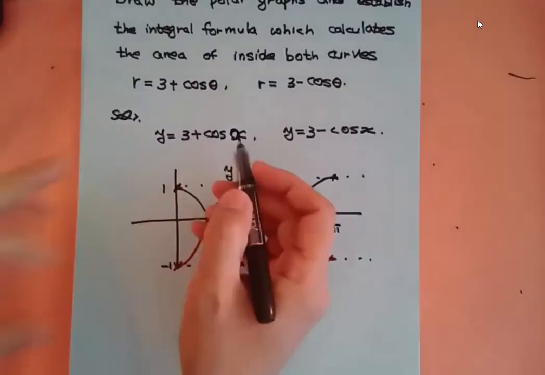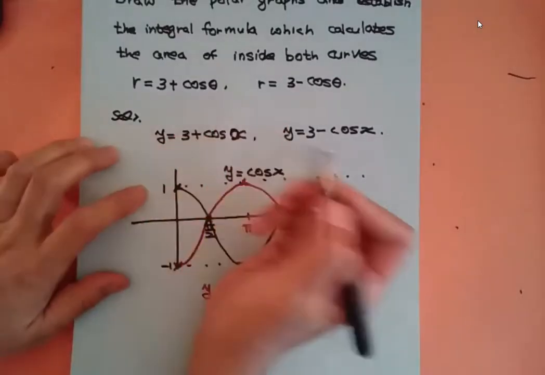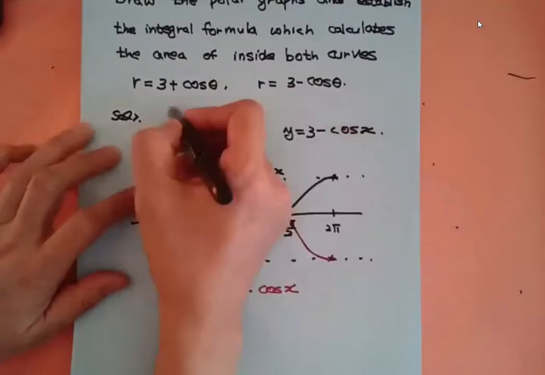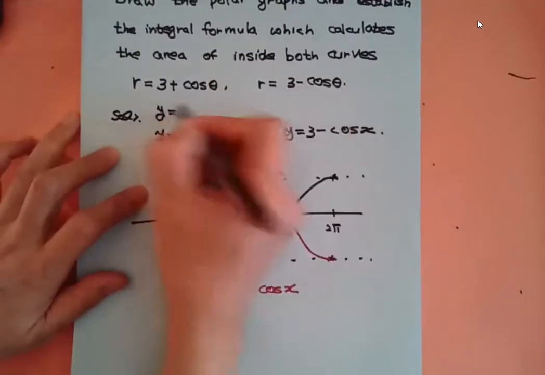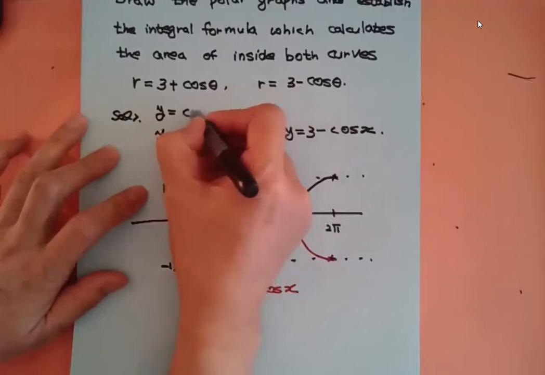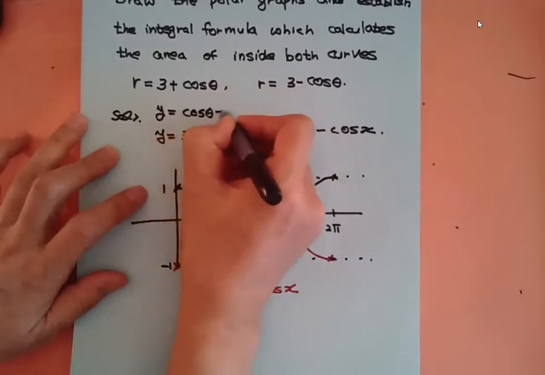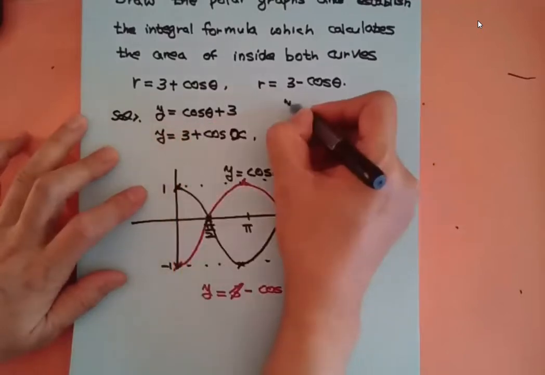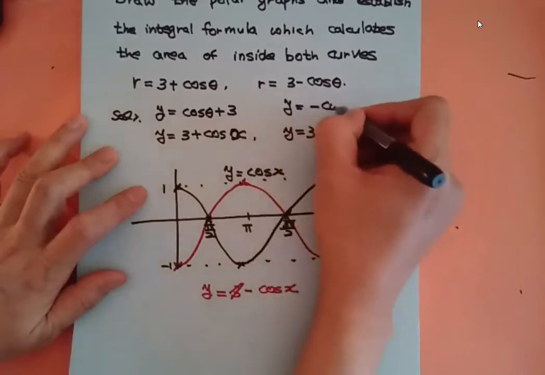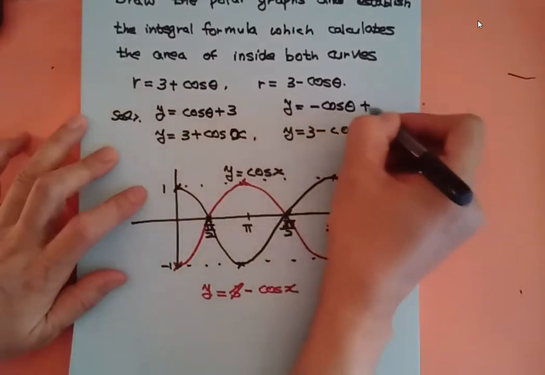If you look at the graph, let's just switch the order of expression. y equals cosine of theta plus 3, and the other one is y equals minus cosine of theta plus 3.